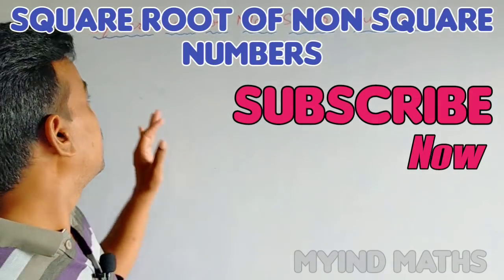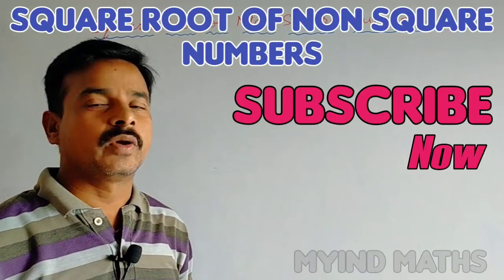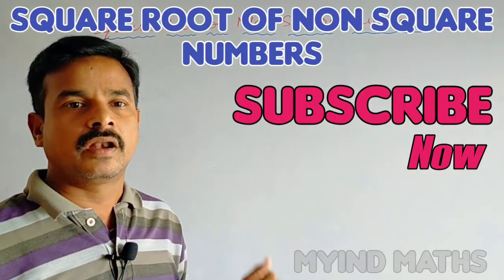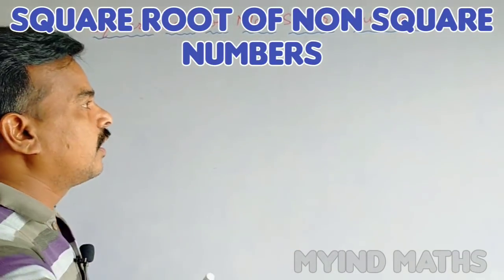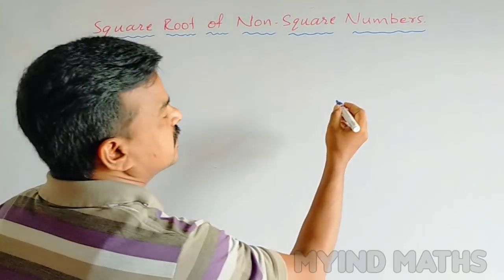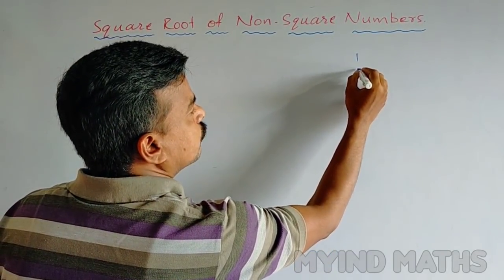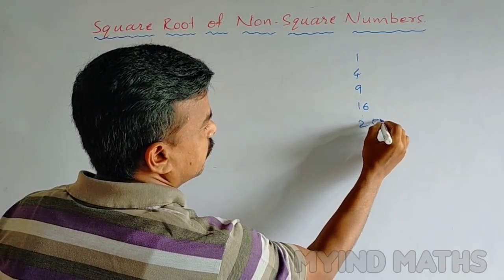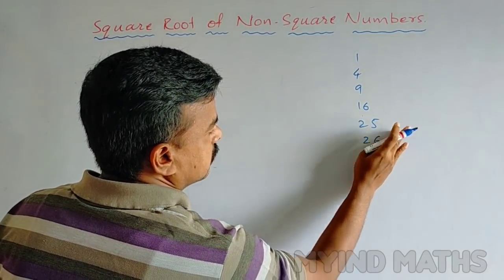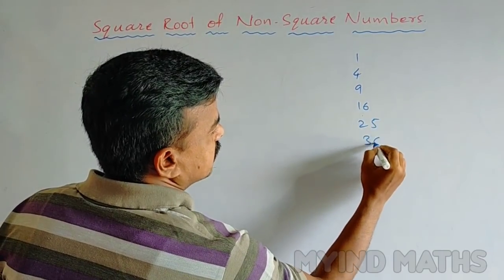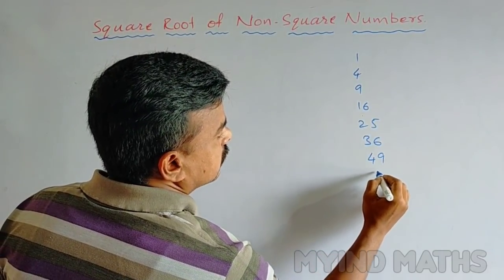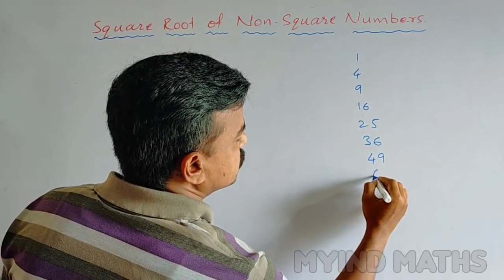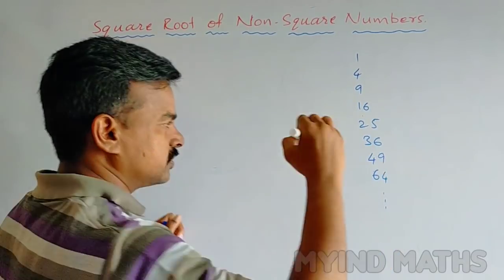Today's topic is square root of non-square numbers. We know what the square numbers are: 1, 4, 9, 16, 25, 36, 49, 64, and so on.